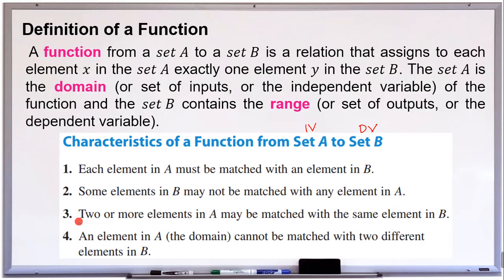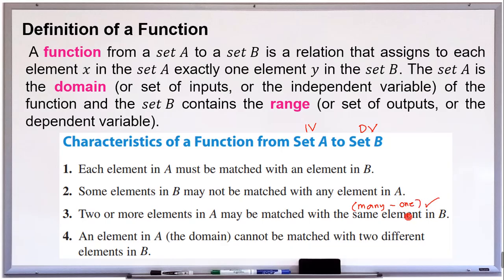And for number 3, two or more elements in A may be matched with the same element in B. So this one is under our first case, in which we have a many to one relation.